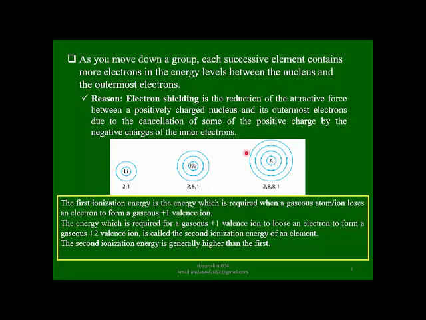Number two, shielding effect. 1, 2, 3. The 3 shells are shielding this one. Here, 2 shells are shielding this. Then only 1 shell is shielding this. So because of the shielding effect that is increasing, the effect of attraction will not be terribly felt by the nucleus of potassium, unlike that of lithium.